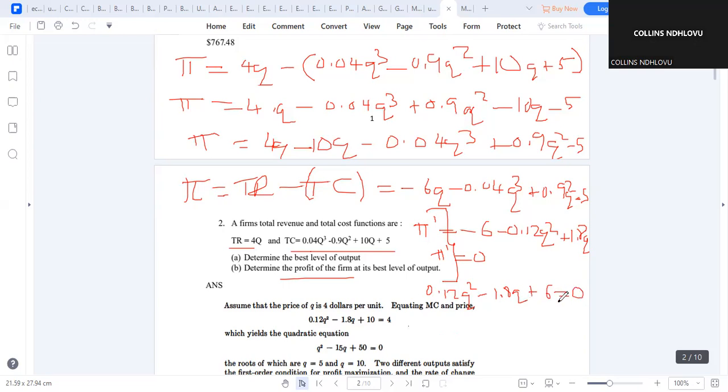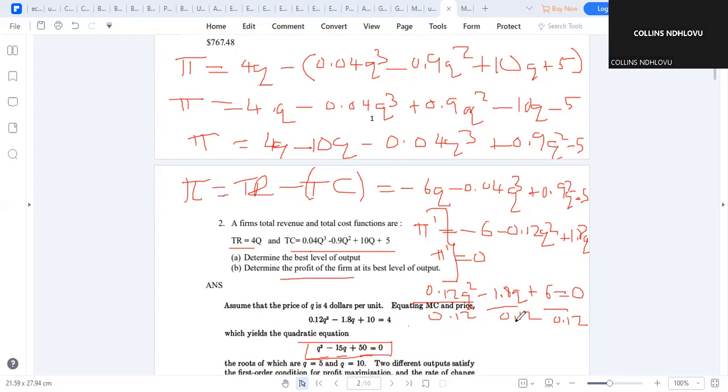So if we divide throughout by 0.12, we're going to have q squared minus 15q plus 50 is equal to 0.